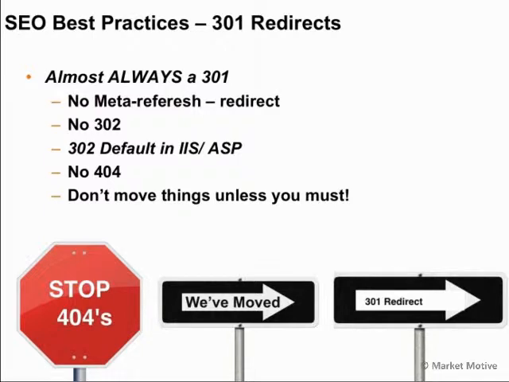In ASP and IIS, a 302 is the default, which technically means a temporary redirect. A 301 is a permanent redirect. So don't use meta refreshes, don't use 404s, don't use 200 OK on your 404 pages. Make sure if you're moving content, you let people know with that 301 redirect, and that will let the search spiders know as well that the link equity associated with this page should be transferred as well.